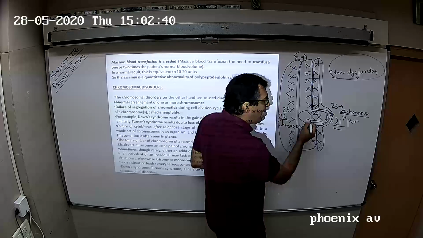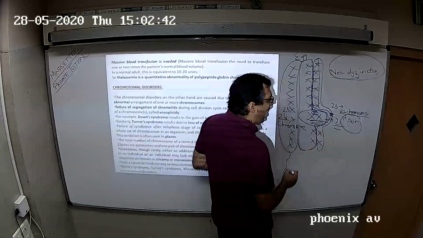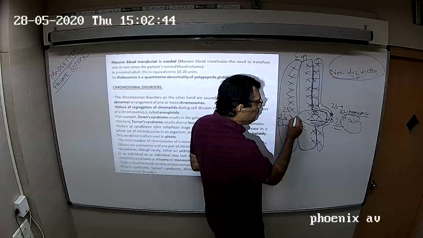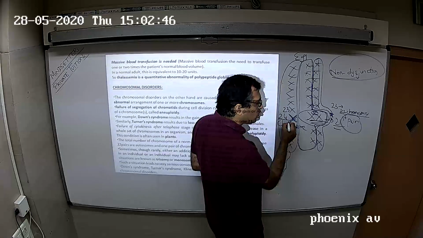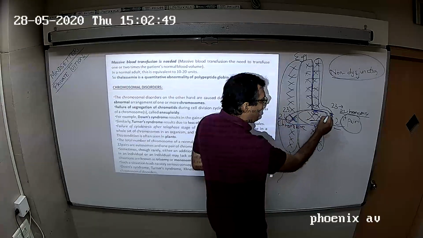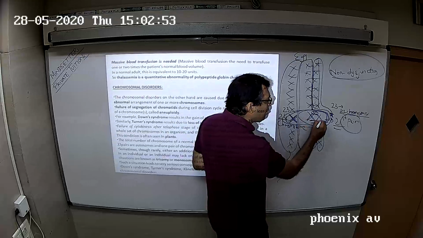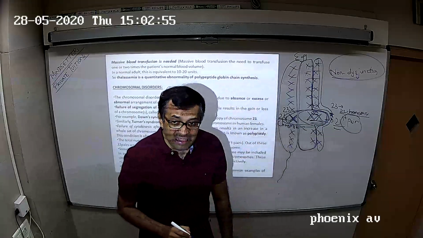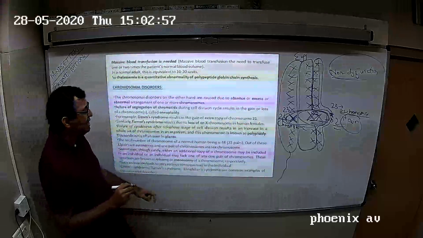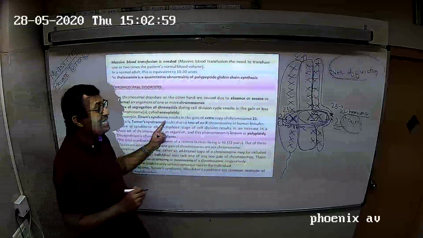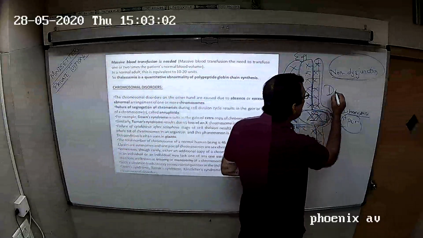In the egg there was already a pair of 21st chromosomes, and now the sperm provides one more 21st chromosome. So now we have three 21st chromosomes, and this disorder is now called Down syndrome.